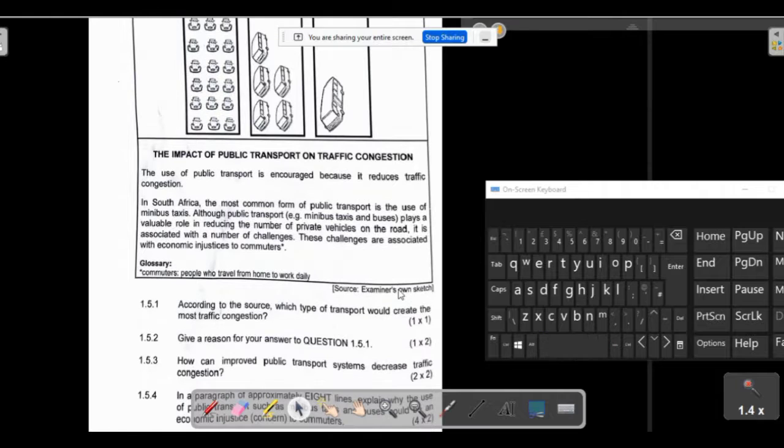Okay, what else? 1.5.2. Give a reason for your answer.